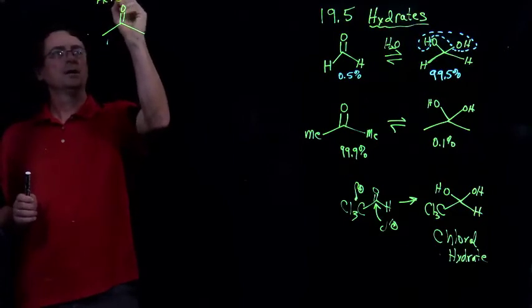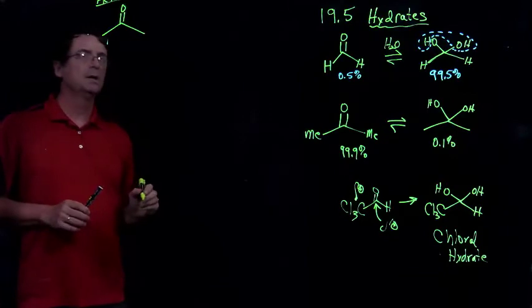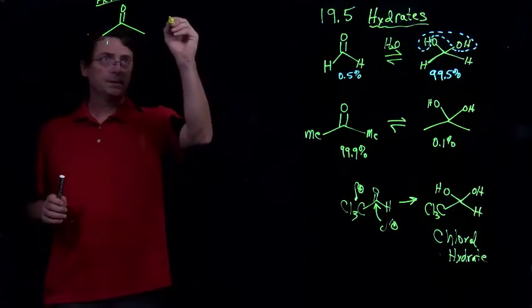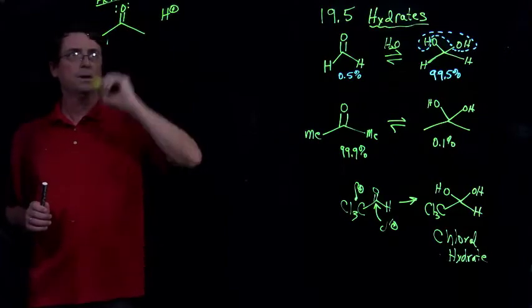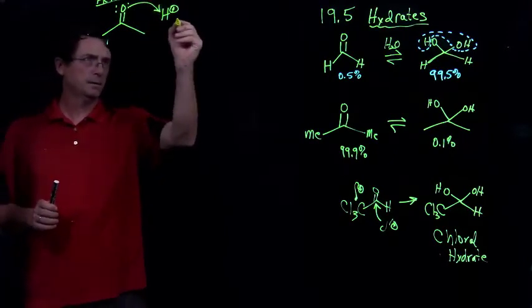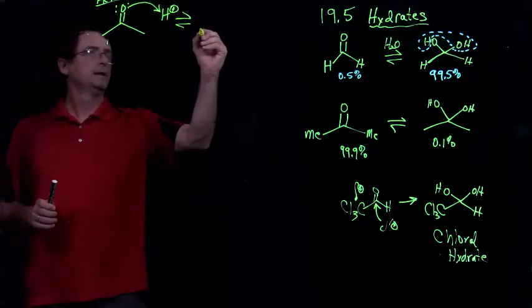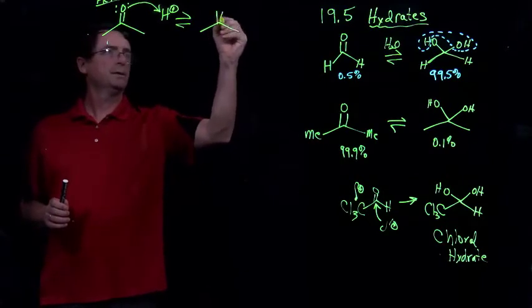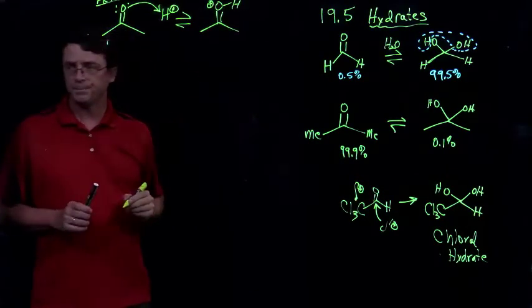So here first is the acid catalyzed mechanism. Now pay attention to the arrows that we're going to use. If we have an acid, this can be protonated. It will be protonated on the lone pair. That is a reversible reaction to produce this oxonium ion.